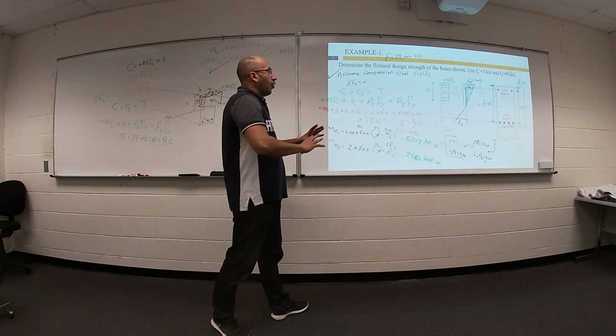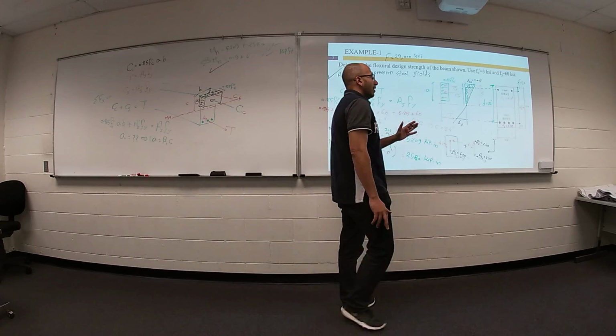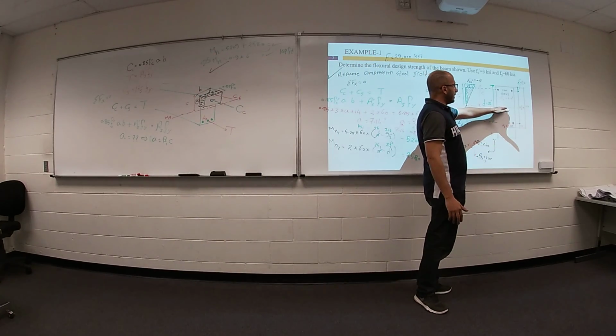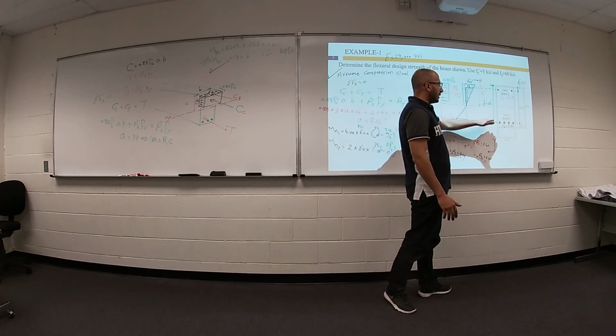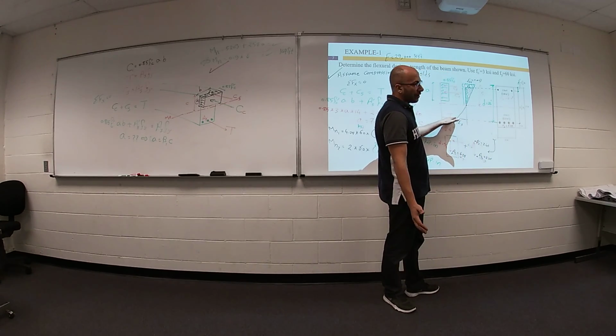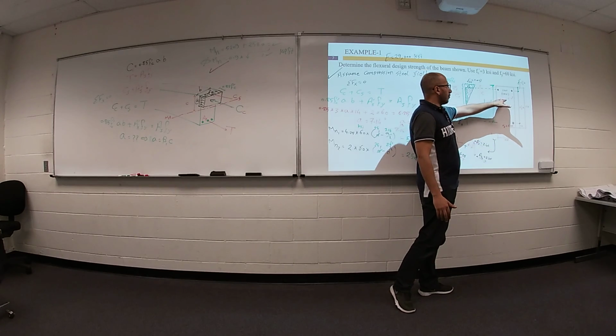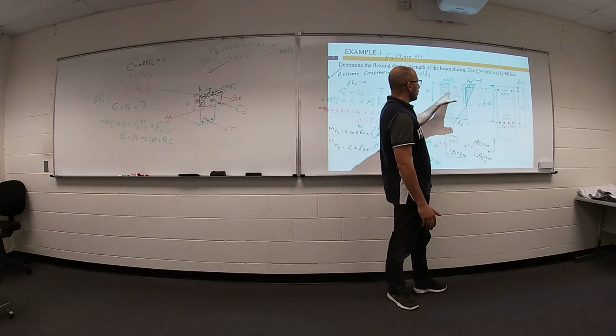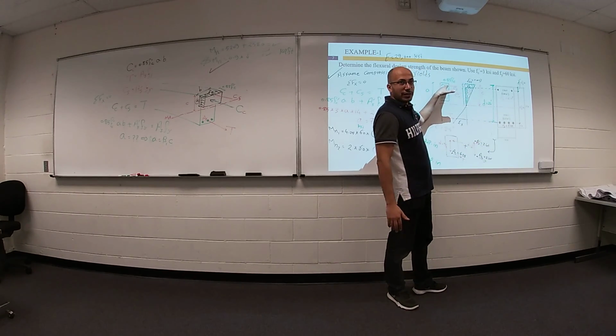Do you agree with all of these parts? In between your neutral axis, we have tensile force T in the bottom reinforcement. We have compressive force, one in concrete, one in steel in compression.